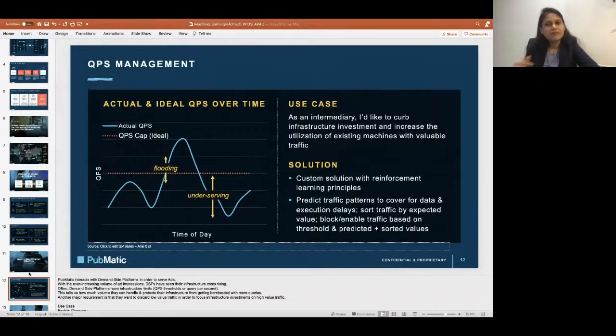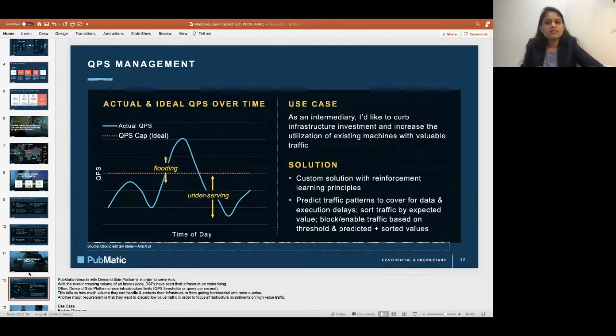Often demand side platforms have a QPS threshold, or query per second threshold, defined at their end. This tells us how much volume they can handle, so that we can protect their systems from getting bombarded with more queries.